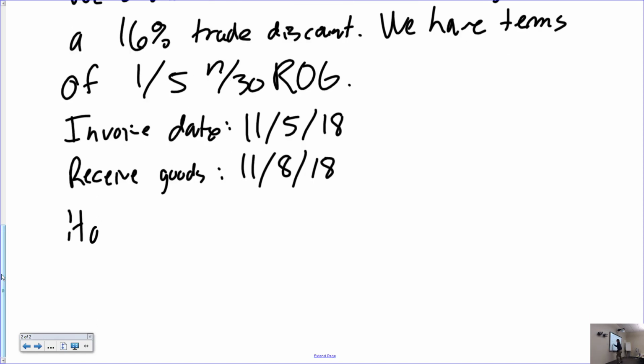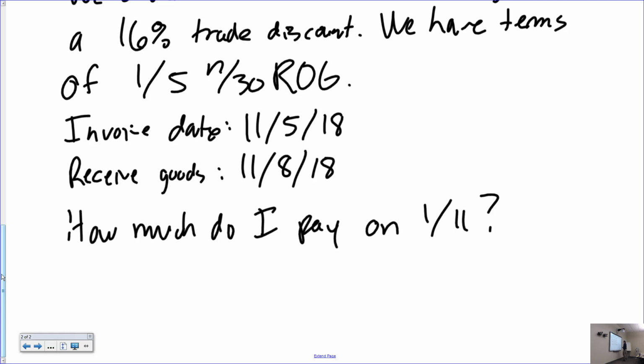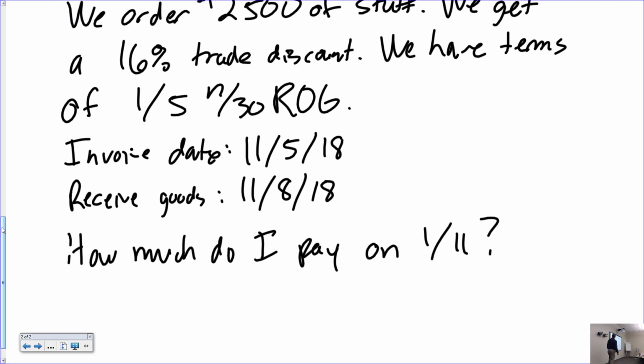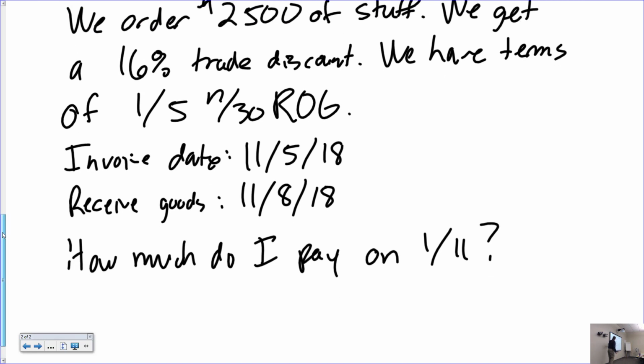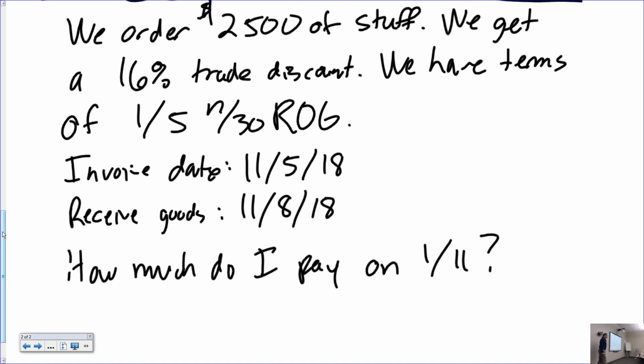And I want to know how much do I pay on 1/11? Please note that in the homework they would undoubtedly have like $100 of shipping in there somewhere as well. The book really loves shipping. I tend not to, just so you know.